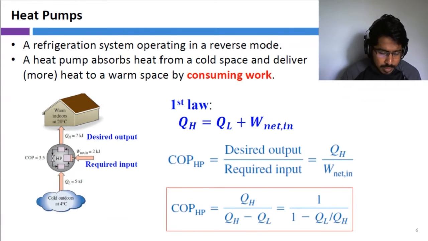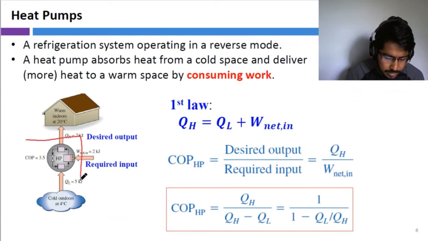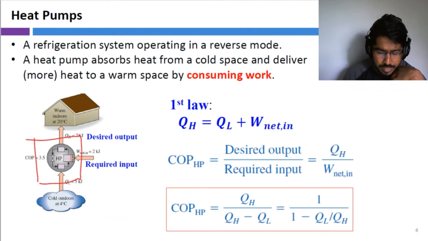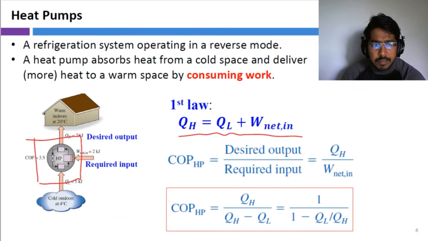If we draw a system boundary around our heat pump like this, then we can write our energy balance equation, or first law equation, like this. It's the same as the previous example, because the flow of energies are the same, only the required or expected outcome is different.